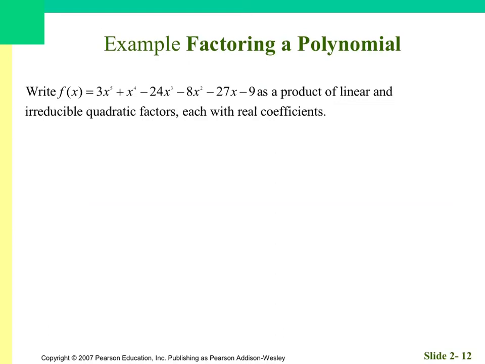You can use synthetic division or your calculator to find one of the zeros, and one of the zeros is x equals negative 1/3. So now start with synthetic division: negative 1/3, 3, 1, negative 24, negative 8, negative 27, negative 9.